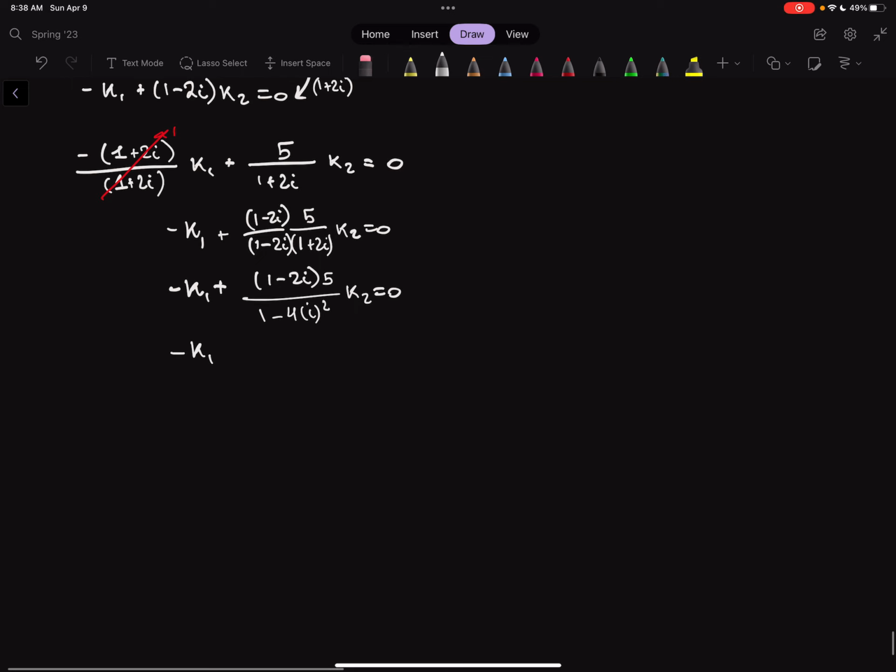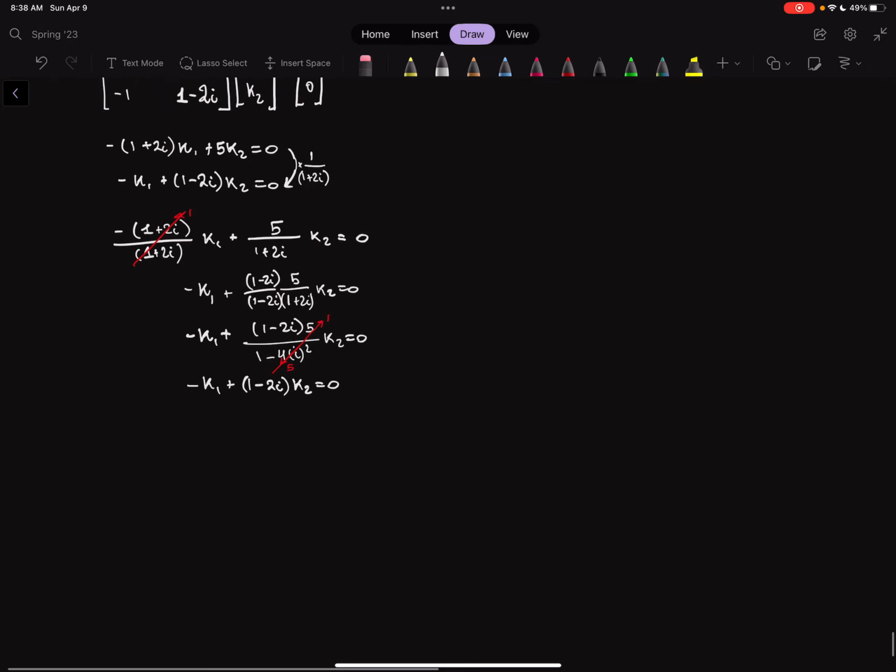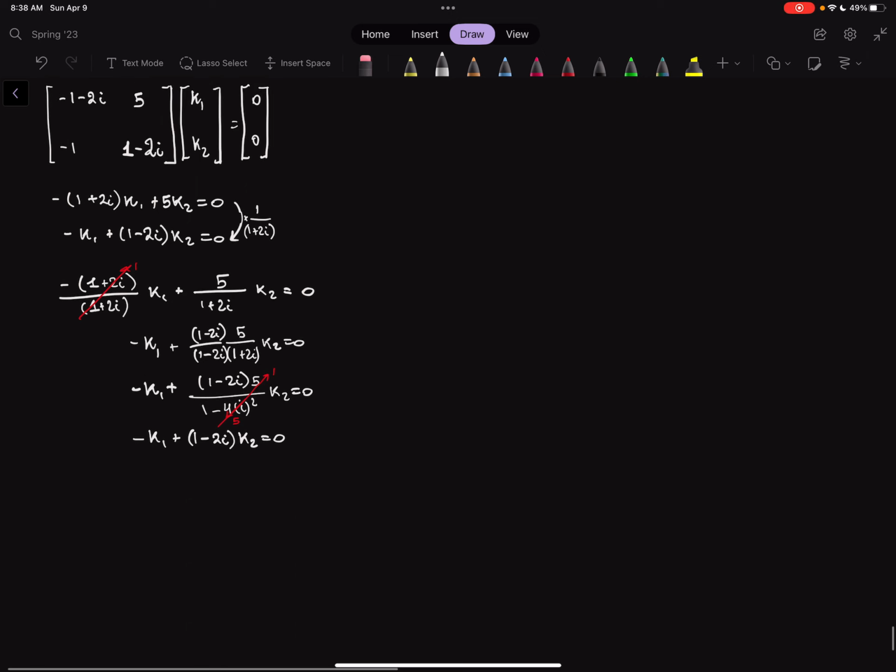So negative k1 plus, well, i squared becomes negative 1. So negative 1 times negative 4 is going to be plus 4. So this becomes a 5, which means this whole thing becomes a 1. And we're just left with 1 minus 2i, k2 equals 0. And that is this one right here. So far, we're looking good.